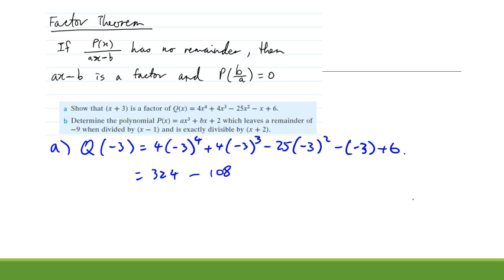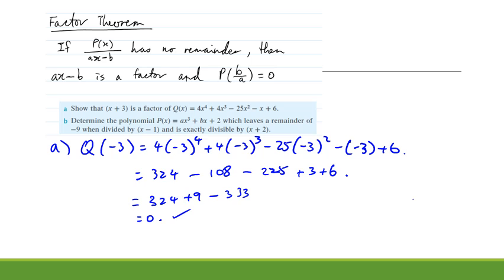Then 25 times 3 squared, so 9 times 25, 225. And then plus 3 plus 6. It's okay, if you're really struggling, feel free to use a calculator. So it checks out.